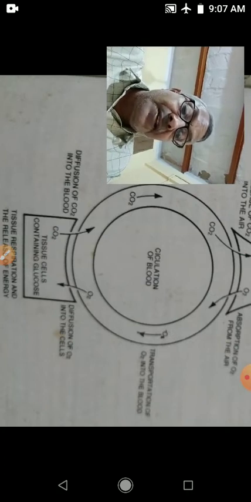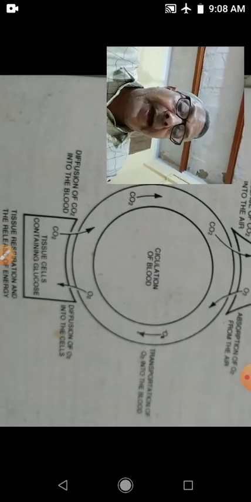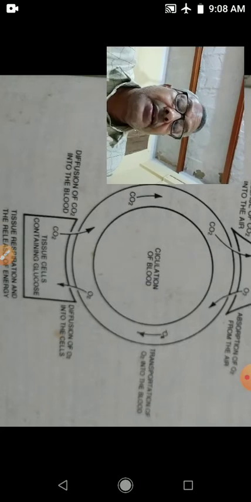So in the presence of carbonic anhydrase, the speed of carbonic acid formation is increased. Carbonic acid ionizes and forms bicarbonate and hydrogen ion.